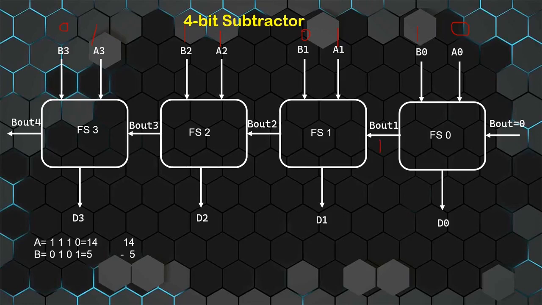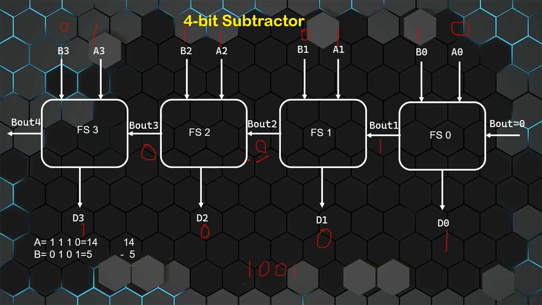So borrow out is 1, so it will become 2. 2 minus 1 is 1 and 1 minus 0 is 1. Okay, then 1 minus 0 is 1. Again 1 minus 1 is 0. Borrow out is 0. Then 1 minus 1 is 0. 0 minus 0 is 0 and borrow out is 0. And 1 minus 0 is 1 and 1 minus 0 is 1. So what we got?